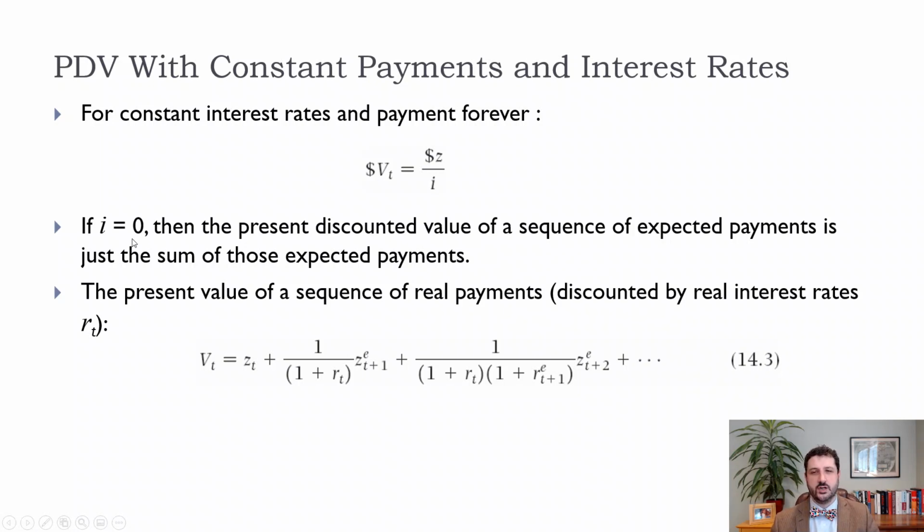Obviously, if the interest rate is 0, then that would just be the sum of Z, and the sum of Z forever is going to be infinite. So if you don't discount the future at all, you'd be willing to pay an infinite amount for an infinite stream. Of course, that doesn't make sense from a human point of view because we die. So we don't last forever.